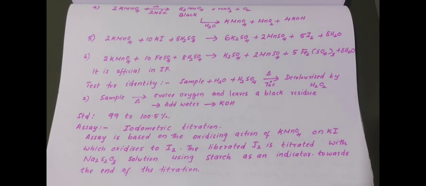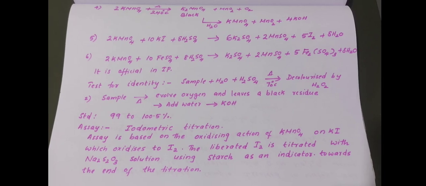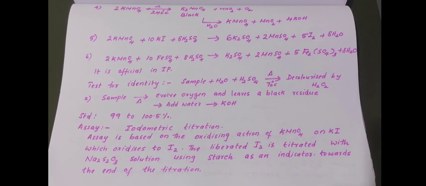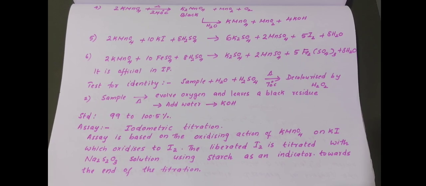Then next is the heating property of potassium permanganate. When potassium permanganate is heated at 240 degrees centigrade, it is converted to black colored potassium manganate plus MnO2 plus O2.